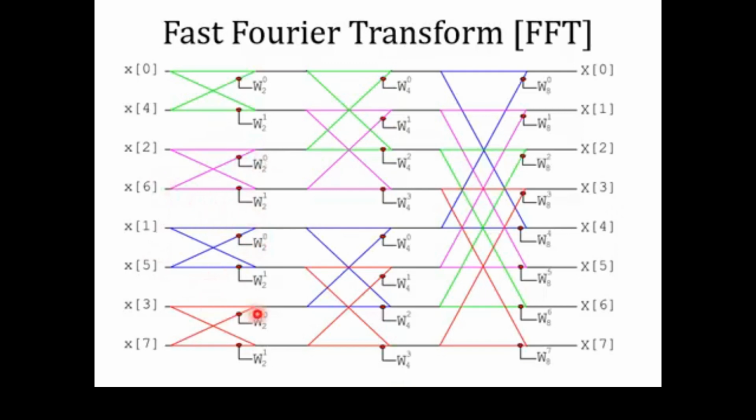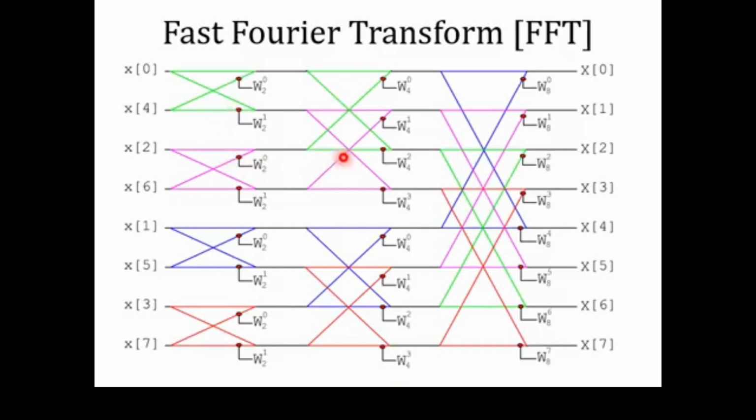and so on. Now in every butterfly operation you will find two twiddle factors. In this butterfly operation, the first twiddle factor is W2^0, which is on this diagonal line, while the second twiddle factor is W2^1, which is on this straight line.